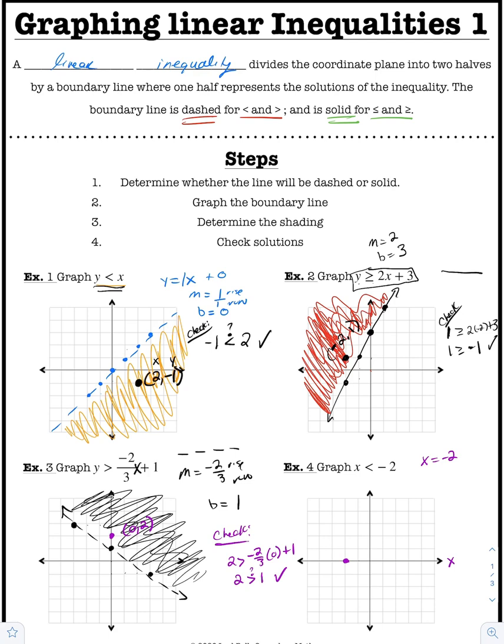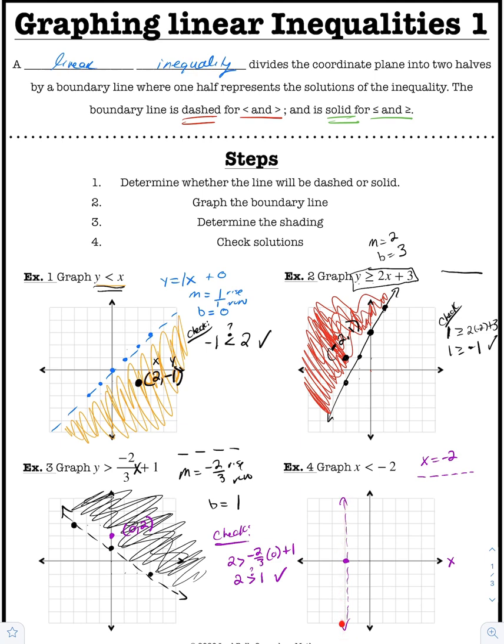But realize that because this is strictly less than, this needs to be a dashed line. So we need to make ourselves a note here. Dashed line. That just means that this is our boundary line, but the solutions are not on the line.